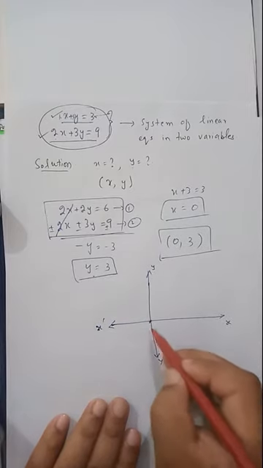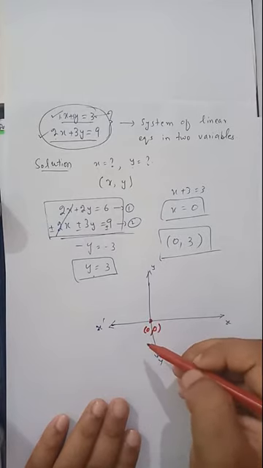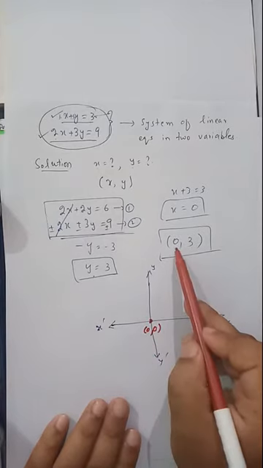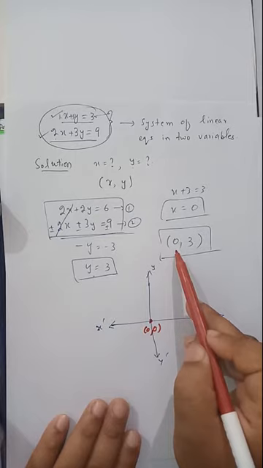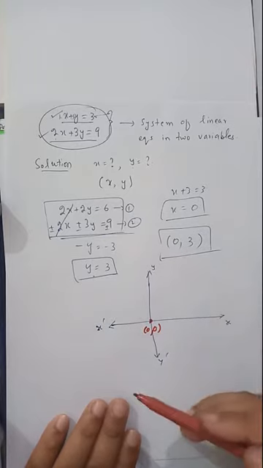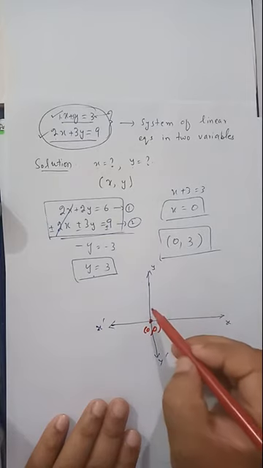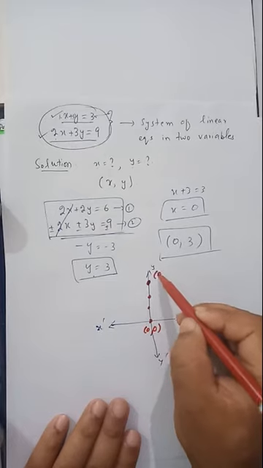This is the reference point (0, 0). (0, 3) is a point lying on the y-axis, because this point has x coordinate 0, meaning no distance on the x-axis and 3 units distance on the y-axis, plus 3. So this will be upward from the reference point. Let's say this is 1, this is 2, and this is 3. So you see that this is (0, 3).